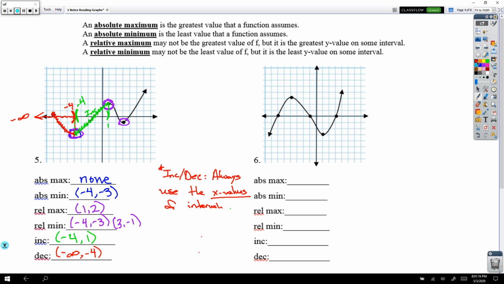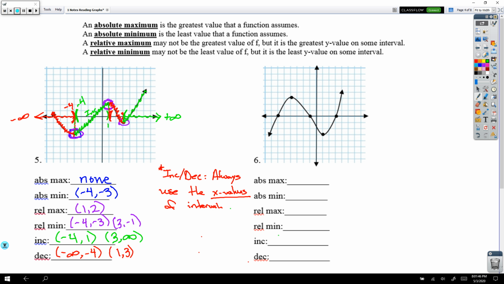continuing, I start to decrease from here to here. So that is from 1 to 3. And then to finish it up, from here and everything to the right, so to positive infinity, I am increasing. So that would be from 3 to infinity.